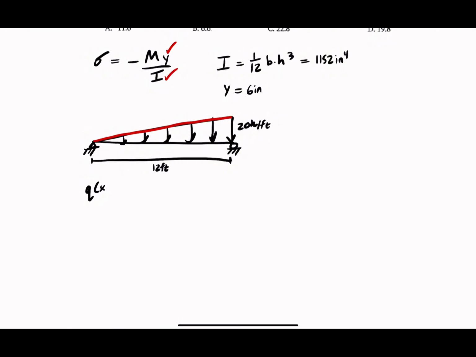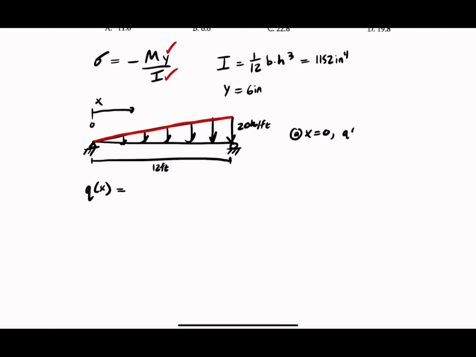So q of x should equal, and here I'm going to make some mental notes. If we say x starts and goes from this direction, at x equals 0, the triangular distribution's force is 0.